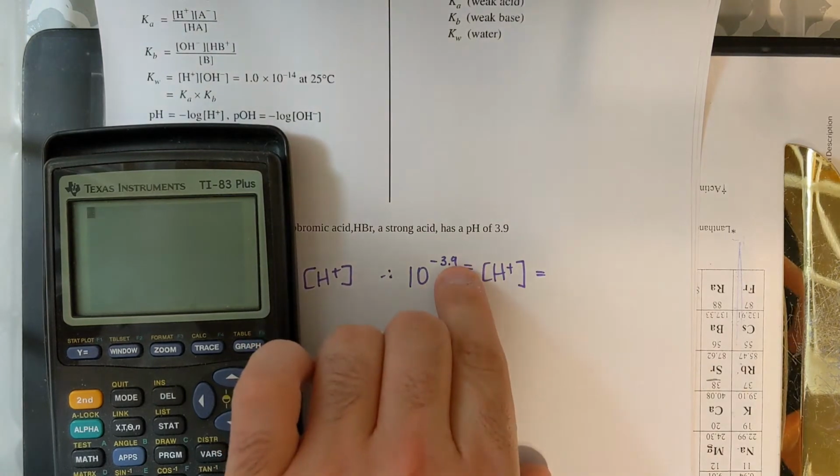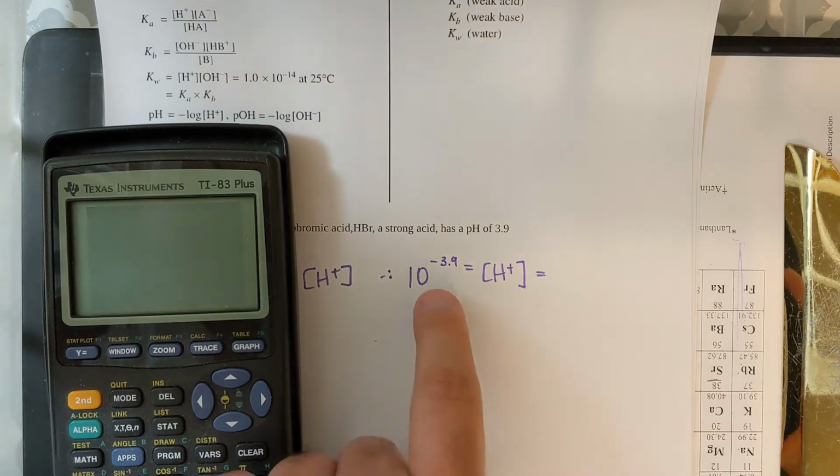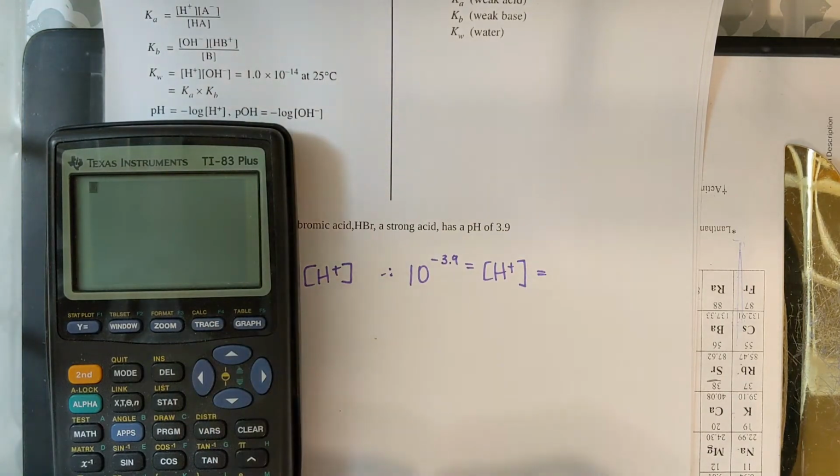The number of decimal places in the pH is how many sig figs are in my answer. So one decimal place means my answer must have one sig fig. The number of sig figs is how many decimal places you use in your pH answer. That comes from our notes if you want to check that.